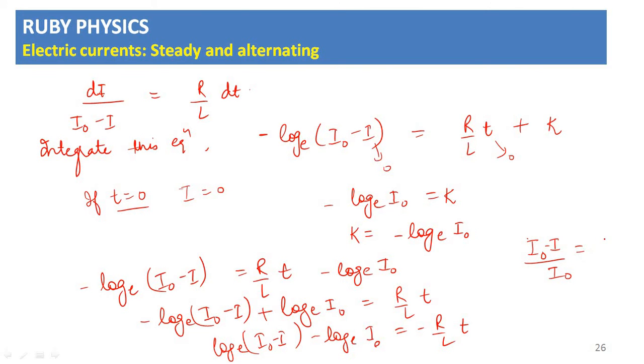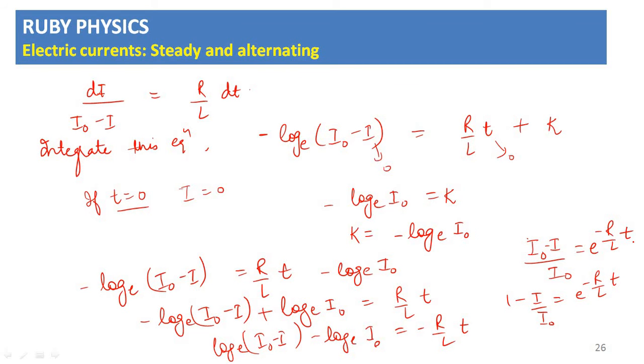It is equal to, if we remove the log, exponential of minus R over L into t. So I hope this point is clear. Then you have to take I₀ common, so it will be 1 minus I upon I₀, equal to e to the power minus R by L into t.